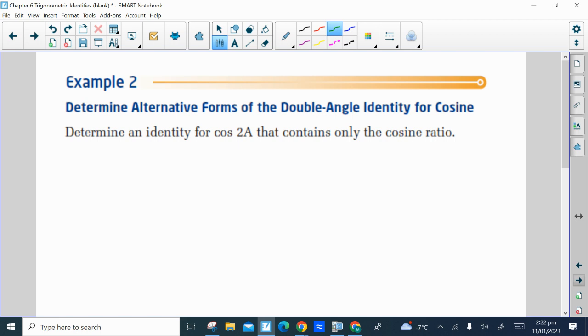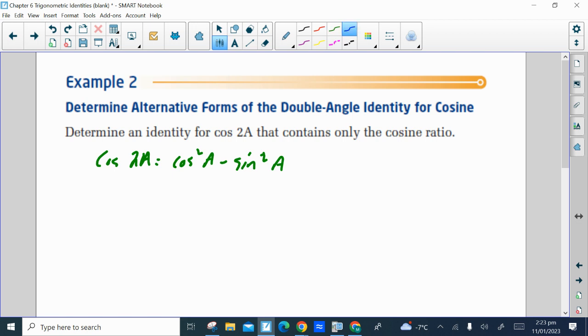So we saw earlier that cosine of 2A is equal to cos squared A minus sine squared A. But we're now going to see that there are two other variations for cosine of 2A. So this question wants us to determine the identity for cos 2A that contains only the cosine ratio.